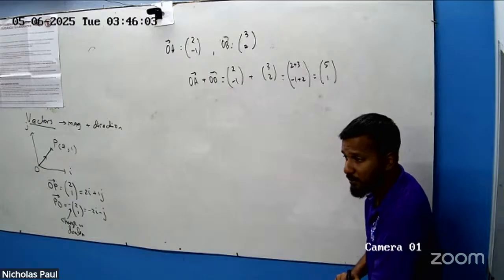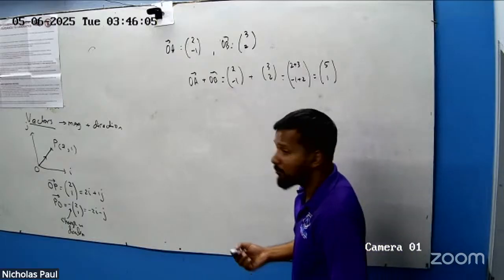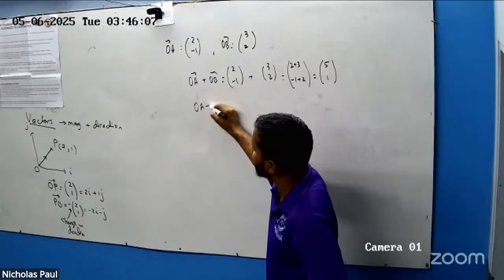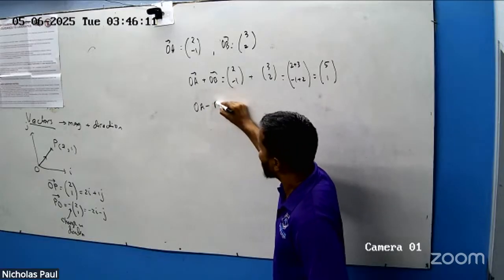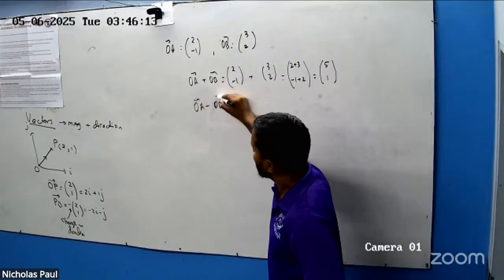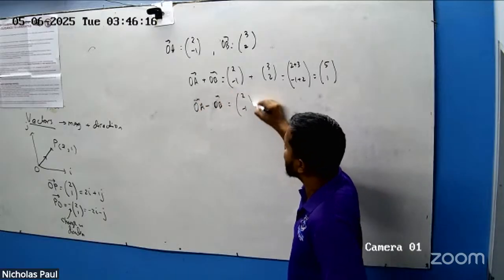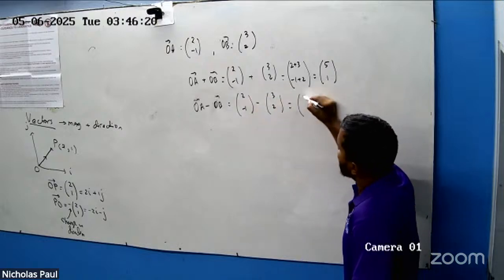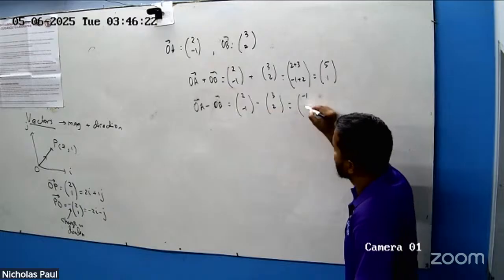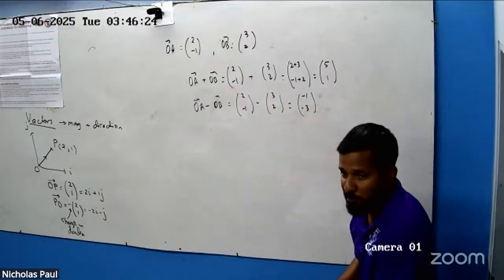Easy enough? That's the way to add. How do you think you would subtract? Same way: 2 minus 3, minus 1 minus 2. That's it.